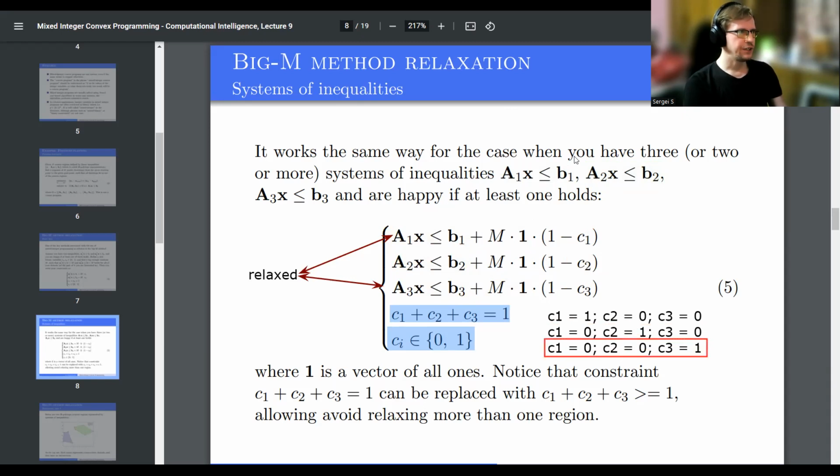So here we can see instantly that the first constraint is going to be relaxed because 0. Second constraint is going to be relaxed because 0. The last constraint is going to hold because 1. 1 minus 1 is 0, so this whole thing goes to 0. So we have this holds together with this one, and the other two are relaxed.